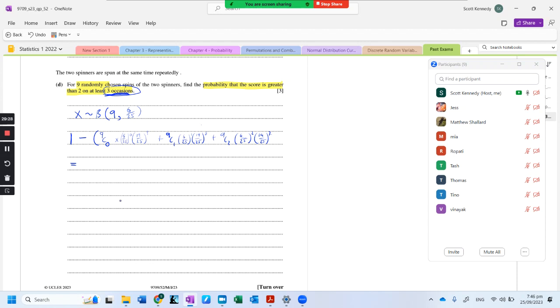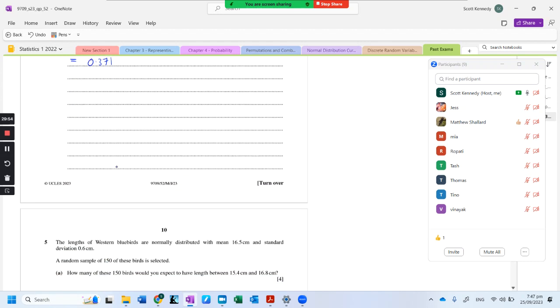Anyone got it? Probably easier to use decimals. I get 0.371. Can anyone confirm? Yep, we got a confirmation. Perfect.